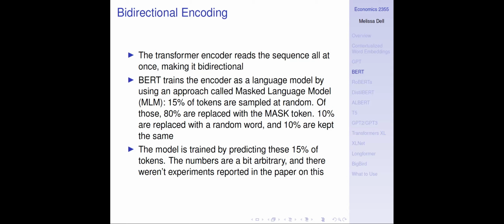So if it sees a mask, it has to predict something based on the context, but it's also sometimes just seeing a random word or the correct word, which allows the model to be more robust. It can do a good job of predicting tokens that aren't masked too, because sometimes the masked tokens are the actual word. And so in the training objective, it benefits from having a good representation for words that aren't masked, and also from being able to recognize that sometimes words are just wrong.